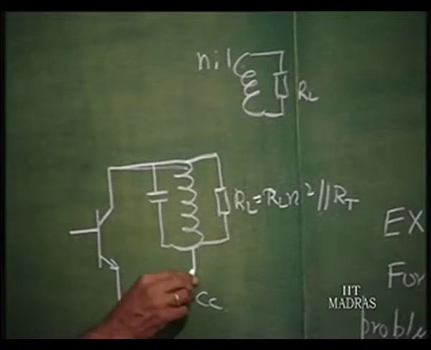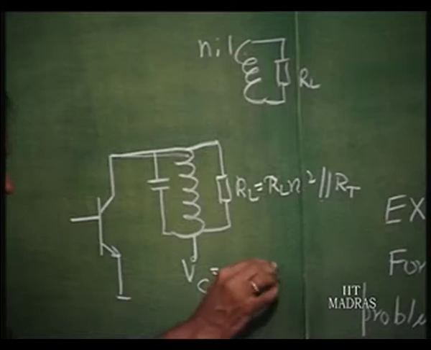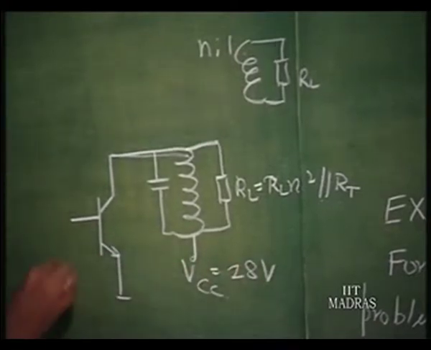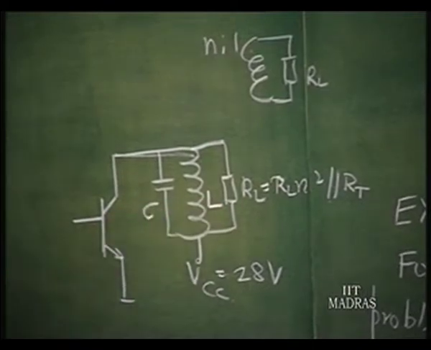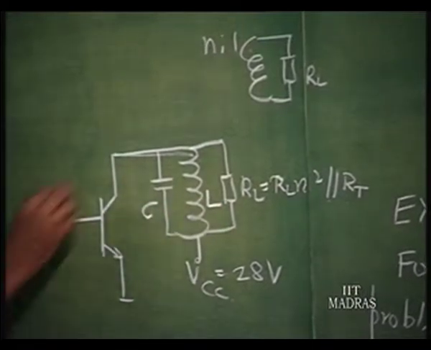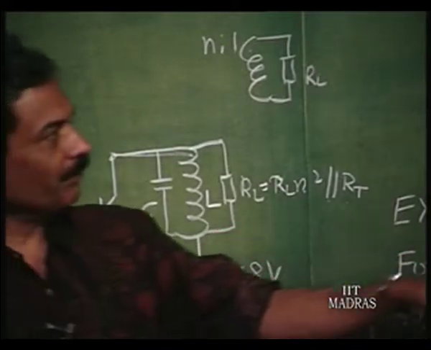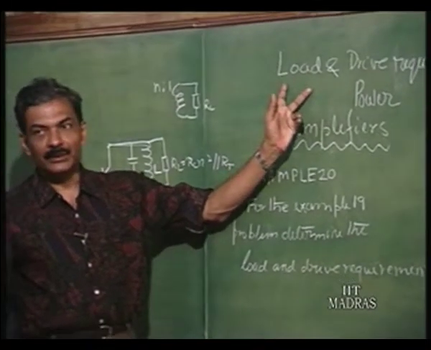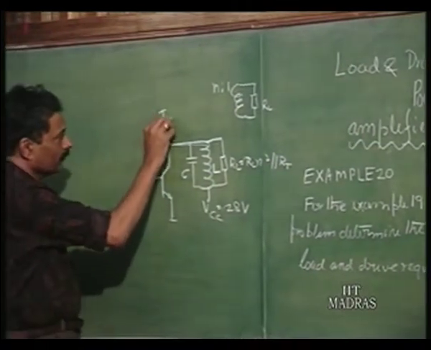So, this VCC was taken as 28 volts for that example, and let this be L and let this be C. So, this is the tuned load. As far as class C power amplifier is concerned, load is tuned. So, this is important, tuned.